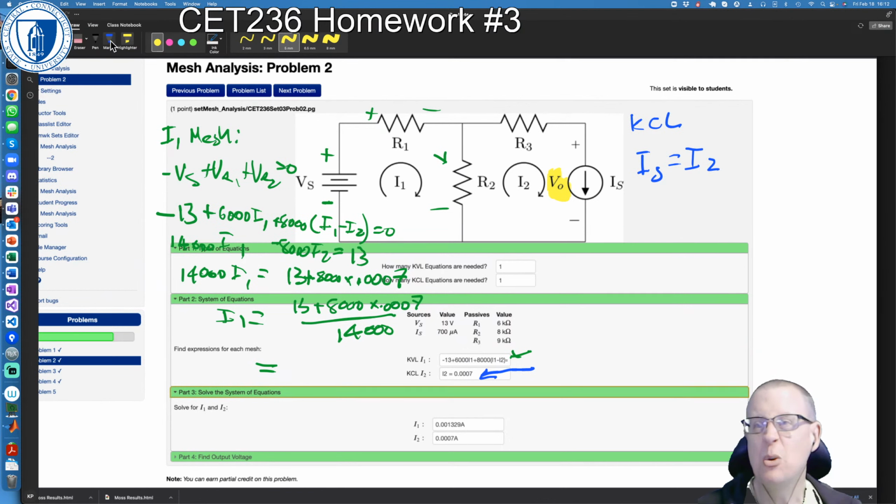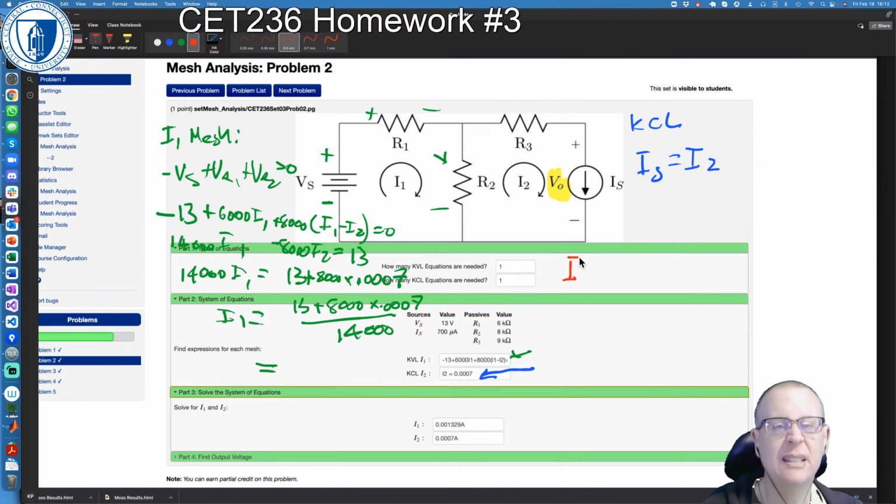So now we have to go back and apply Kirchhoff's voltage law for I2. So, oops, let's make it a little thinner. And in fact, let's erase that and go back to a pen rather than a marker.